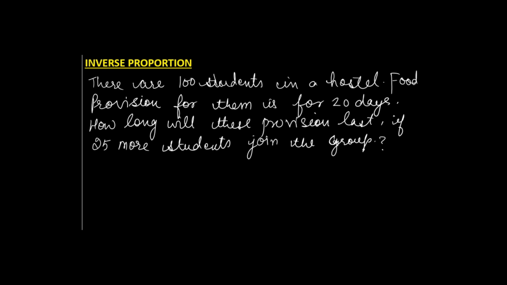Okay, now let us form the table. The two quantities are the number of students and the days for which the provision will last. So we will have number of students and we will have number of days for which the provision lasts.